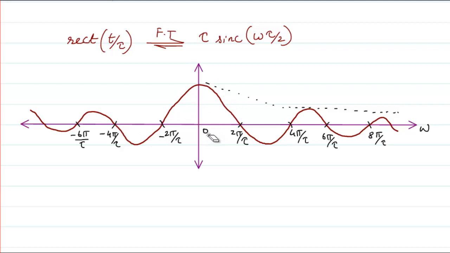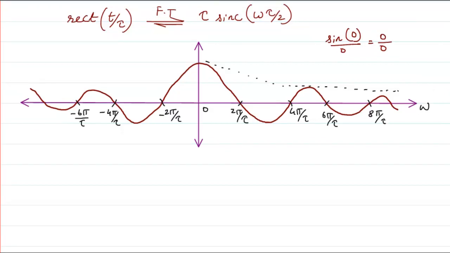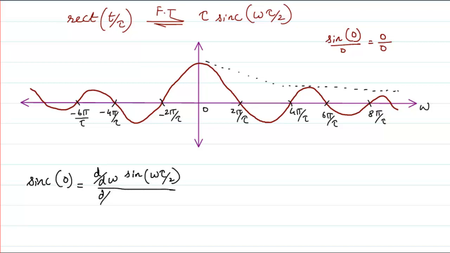If you take omega equal to 0, what will you have? Sine of 0 is 0, divided by omega tau, again 0. So 0 by 0, we know that it is not possible. This I have already done when we discussed the sinc function. So sinc at 0 will be found by differentiating with respect to omega the numerator, sine omega tau by 2, divided by the differentiation of omega tau by 2.